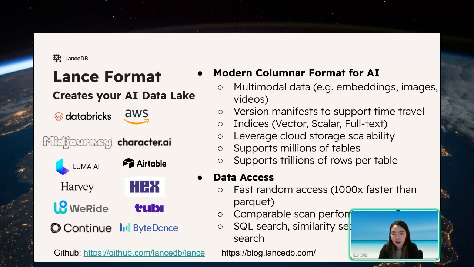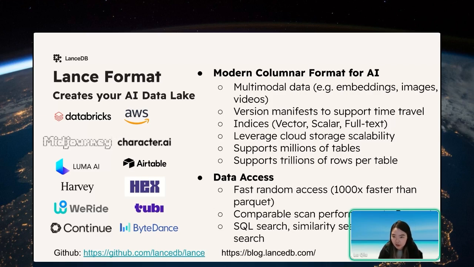We also support version manifests to support time travel. We store the schema information to do zero-copy schema evolution. One special thing here is that we also support storing indexes along with your data, whether it's vector indexes, scalar indexes, or full text indexes. So the search indexes are together with your data set.